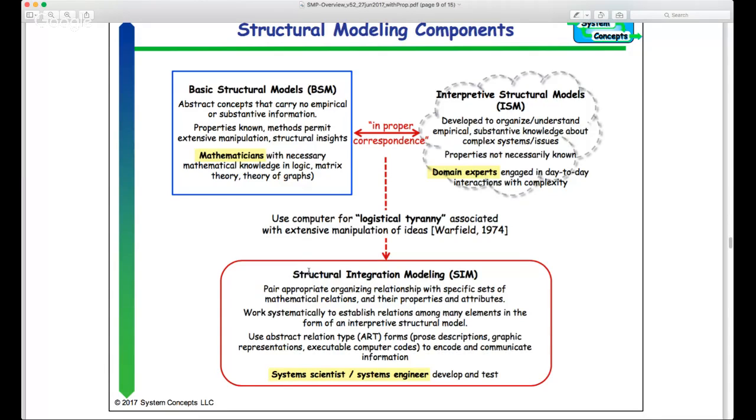It may not be a direct map, but it's a place to start. And the same for what's the difference between GST and domain-specific information. We can start thinking about the difference between SIM and ISM. And those are the types of things I think we'll probably highlight in the future.